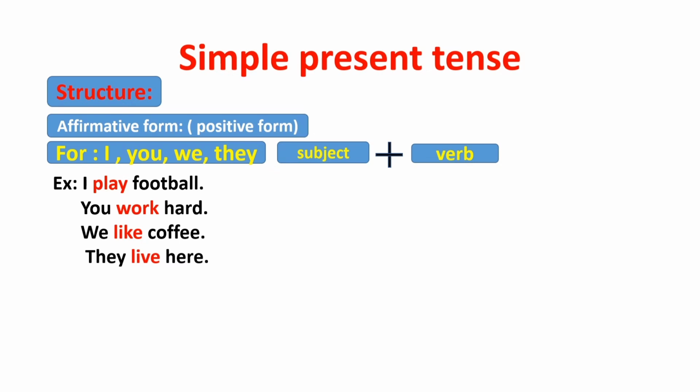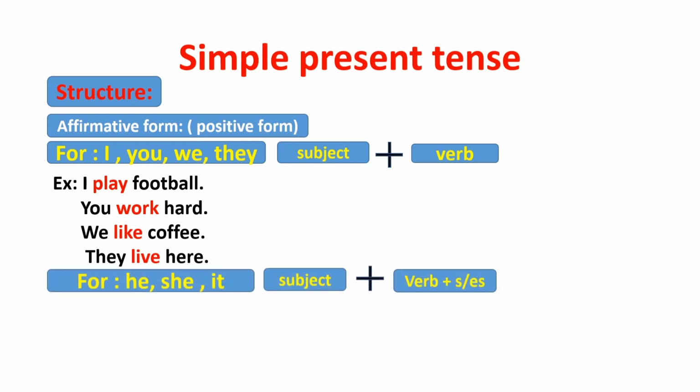They live here. So all of them are the subject with the base form of the verb, not the second, third, participle, or gerund form, anything like that. Just the base form of the verb. Subject plus base form of the verb, and then the object, or the rest of the sentence.